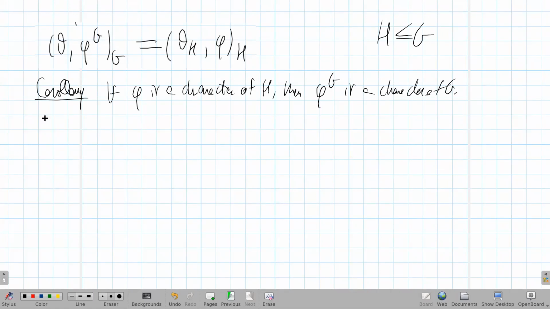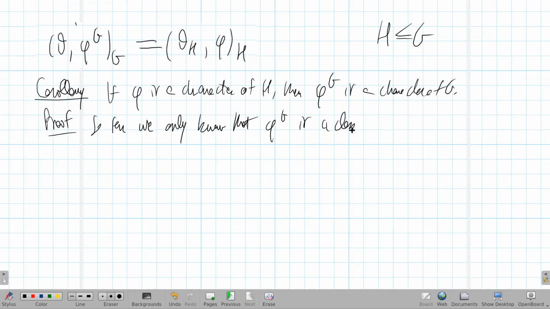Because so far, we only know that phi to the G is a class function. It's point 1 that I proved earlier: we only know that phi G is a class function from G to C. It's constant on classes. That's what it means to be a class function.